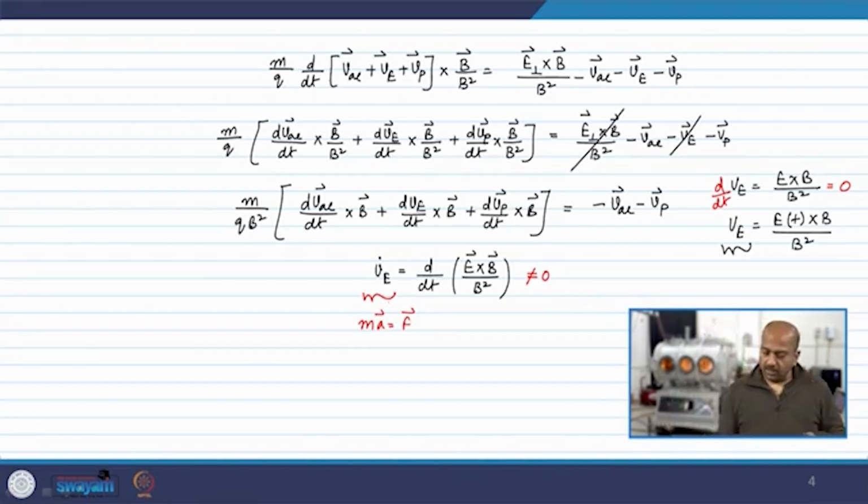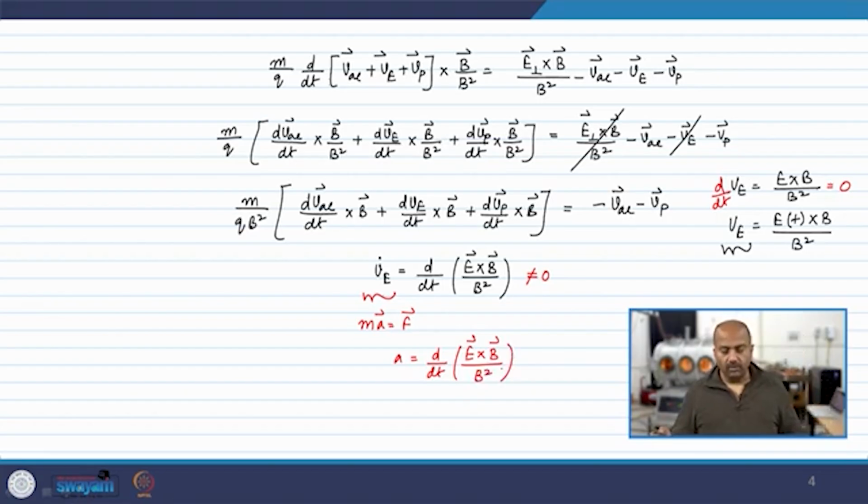How do you write the acceleration? The acceleration a can be written as d by dt of E cross B by B square, the rate of change of velocity.